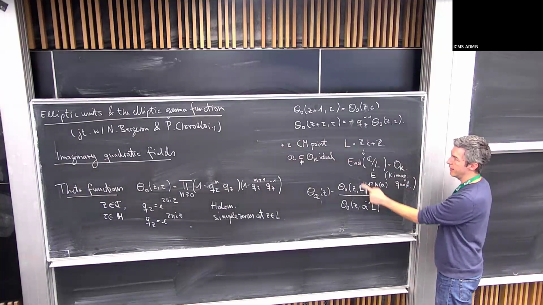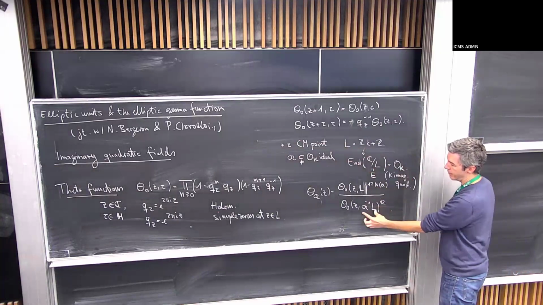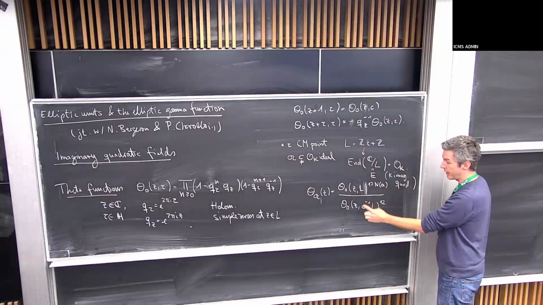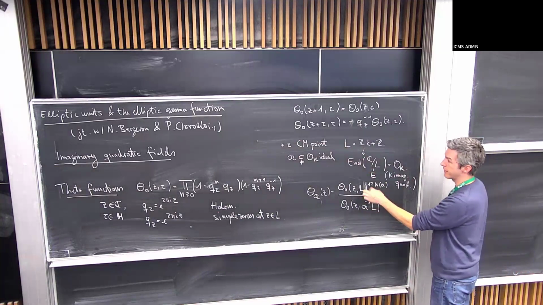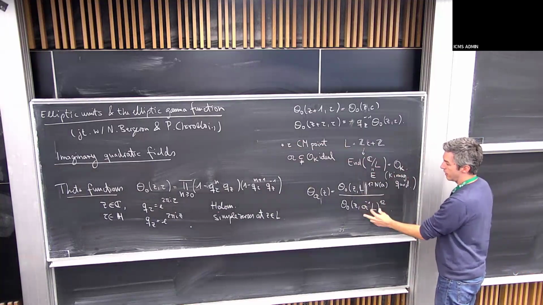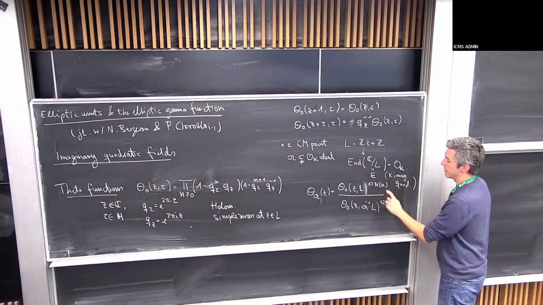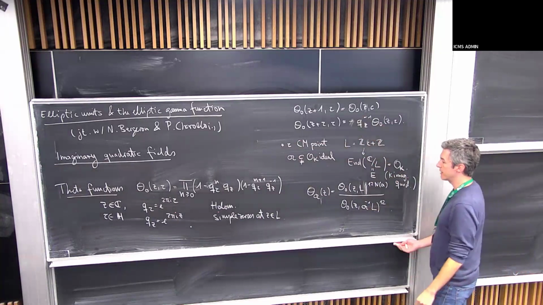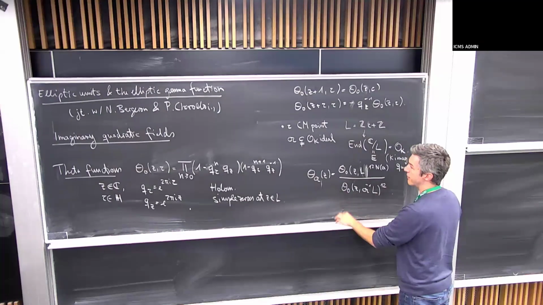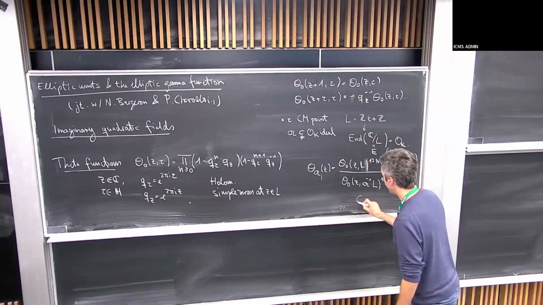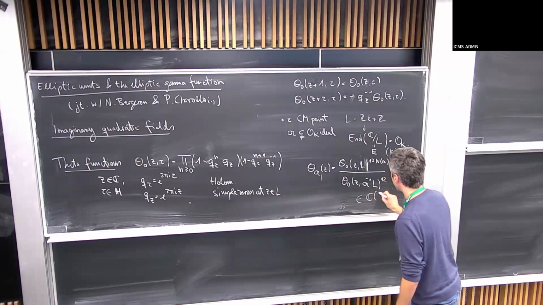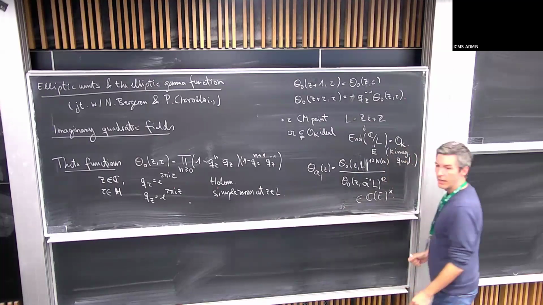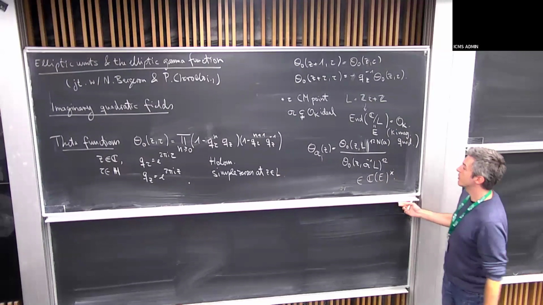I have a lattice L that I fixed, and then a bigger lattice, which I obtain by multiplying L by A inverse, because L is an O_K module. Then I raise them to these different powers. It's very easy to check using these properties that this function now has the advantage over the original theta that it is doubly periodic. So it defines a meromorphic function on this elliptic curve E.